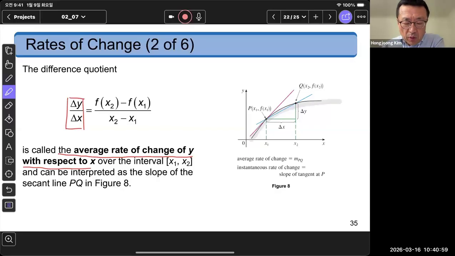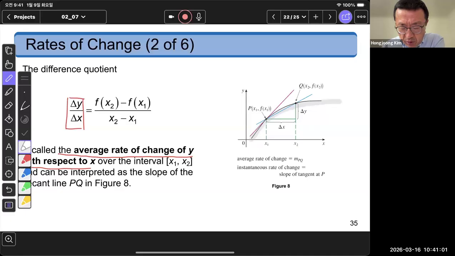Now, when x is x1, you are at some point, say P. When x is x2, you arrive at point Q, with coordinates x2 and f of x2.